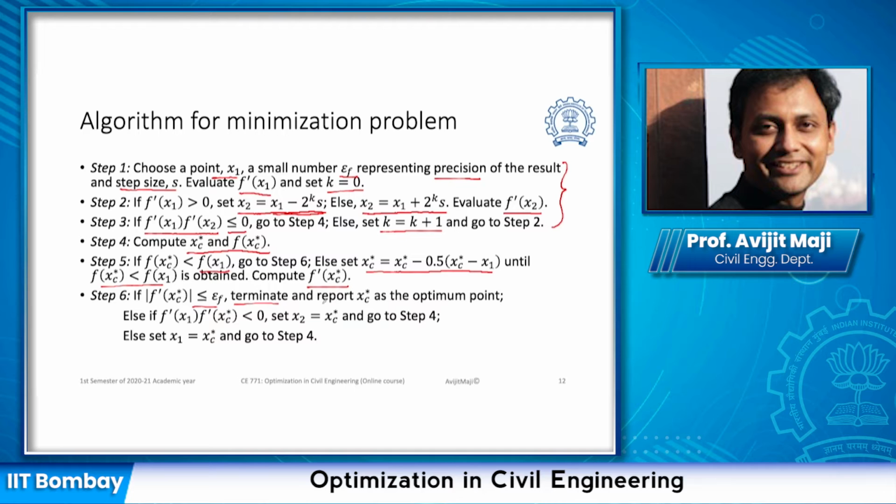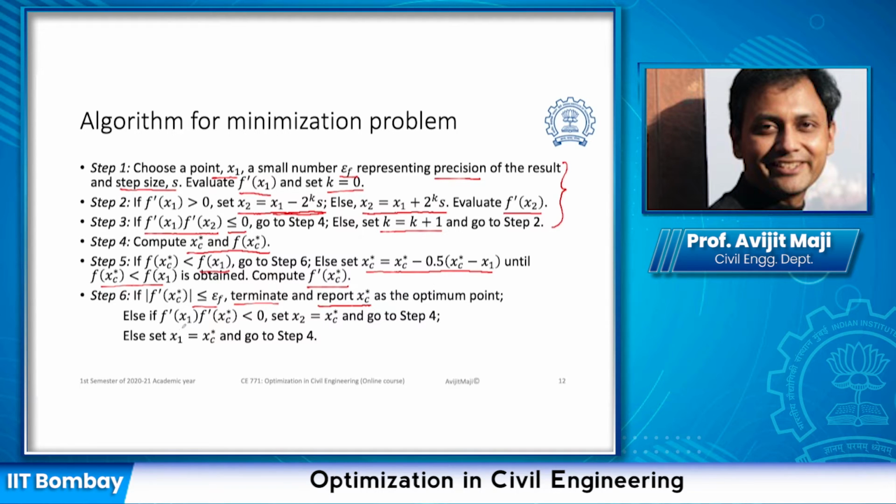And once we terminate, we need to report the optimum value, which is going to be x star, and the corresponding objective function value. If we are not terminating because the slope which we obtained is still not within the precision value, it's higher than that, then we need to change the boundary.